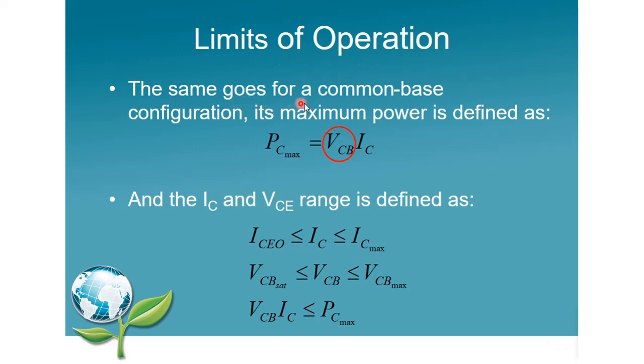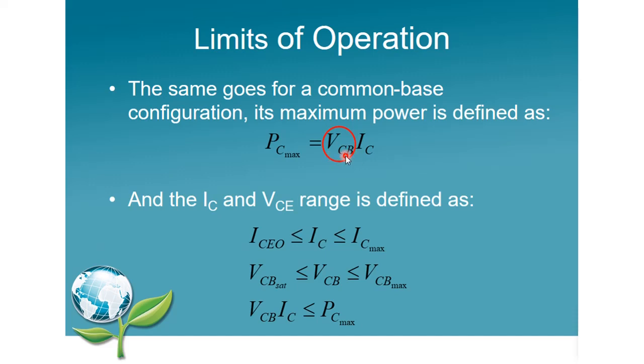The same goes for a common base configuration. Its maximum power is defined as PC max equal to VCB multiplied with IC. Remember that for the common base and common emitter, the difference is at the voltage. For the common base, we use VCB.